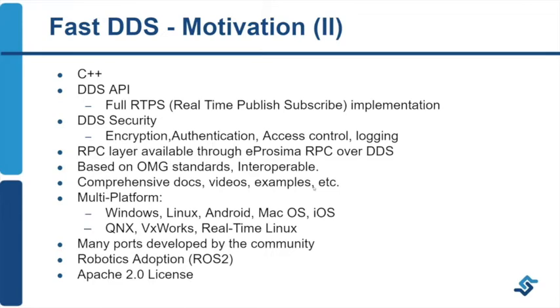We also have remote procedure calls and very good documentation. A lot of platforms are supported: Windows, Linux, Android, macOS, iOS, but also real-time platforms like QNX, VxWorks, and real-time Linux.